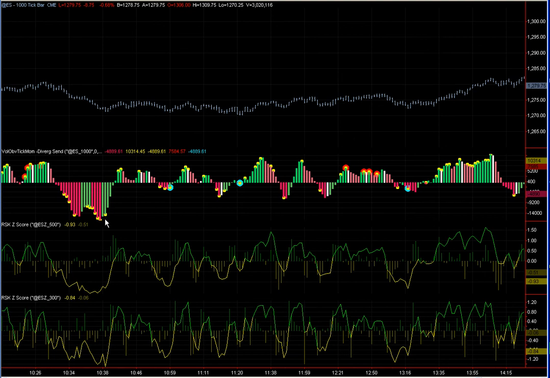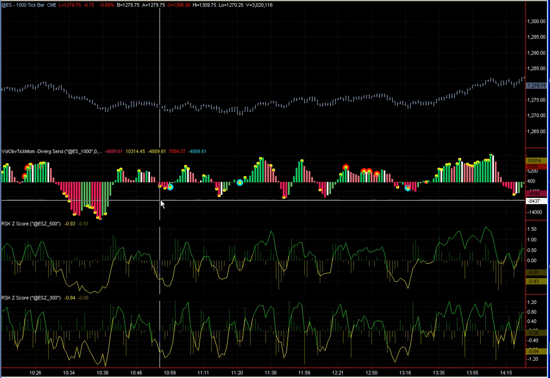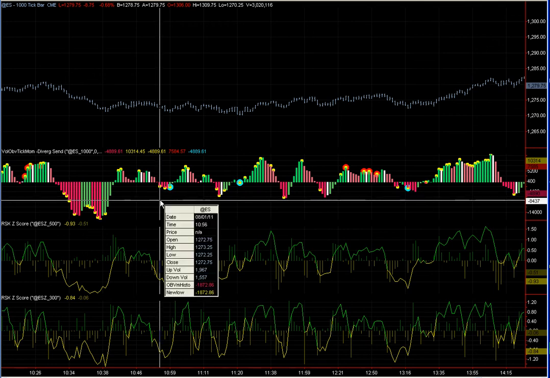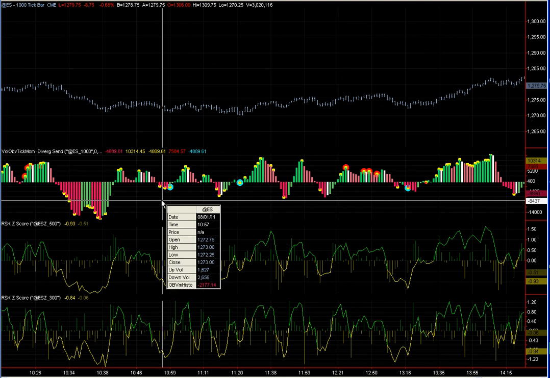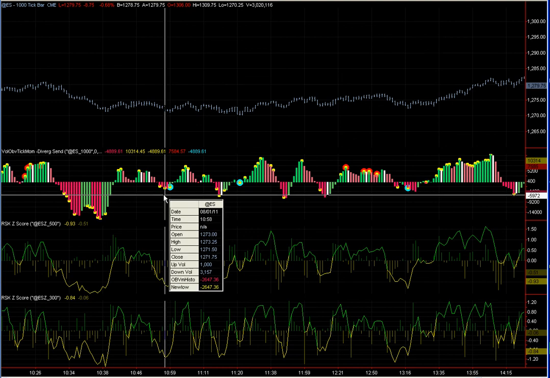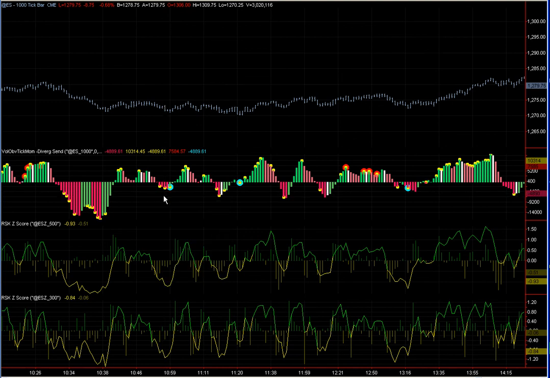The Spoos hit a new low here. Then we had an up cycle and another down cycle. During this down cycle, if the Spoos hit another new low, we're now going to put a dot on the bars.